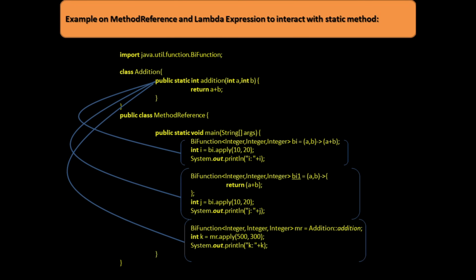Example on method reference and lambda expression to interact with a static method. One Addition class, inside the Addition class one addition method with two arguments a and b with return type integer.